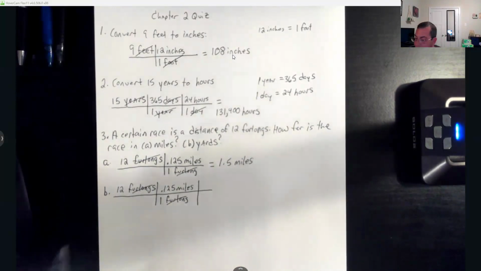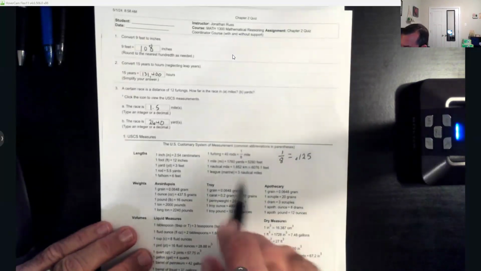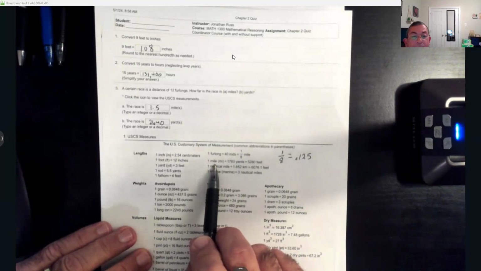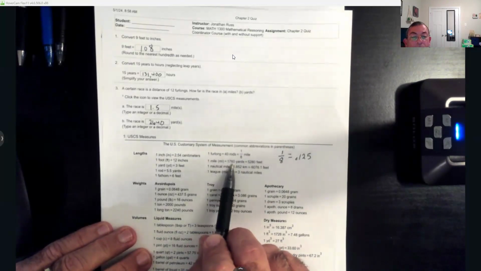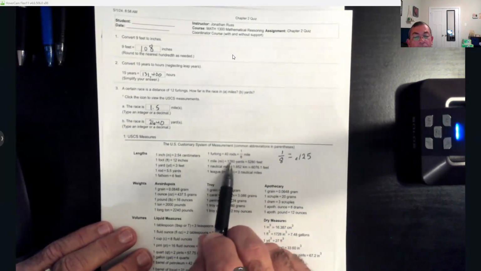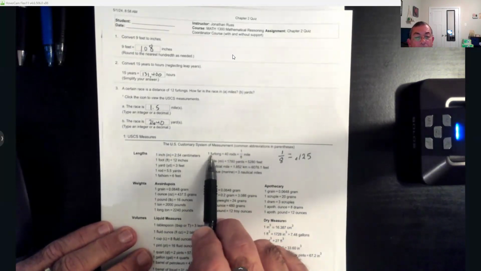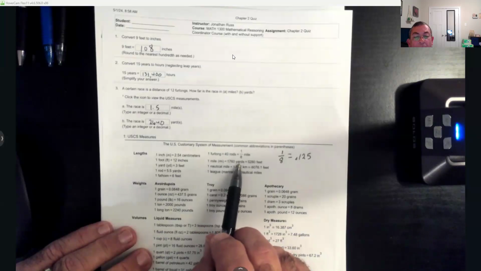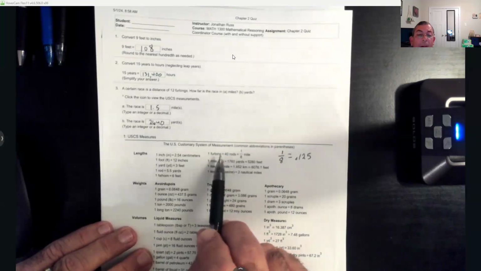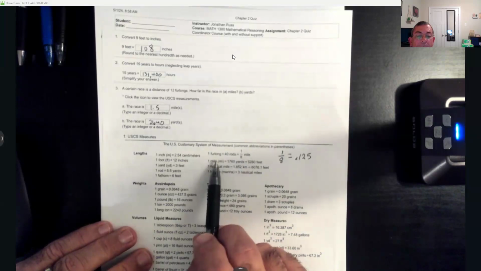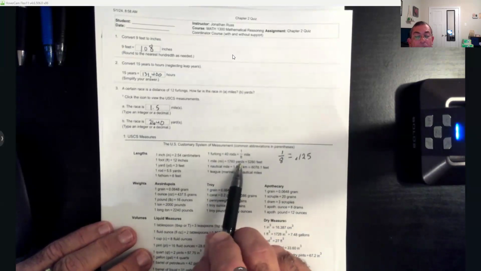And y'all, I'm going to look at this same sheet here. And right here, you see that it says 1 mile equals 1,760 yards. So I'm having to do two conversions on this one because my furlongs are not converting right into yards, okay? So I'm going to turn them into miles and then turn that mile into yards.